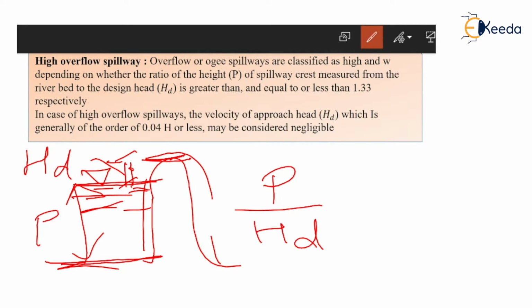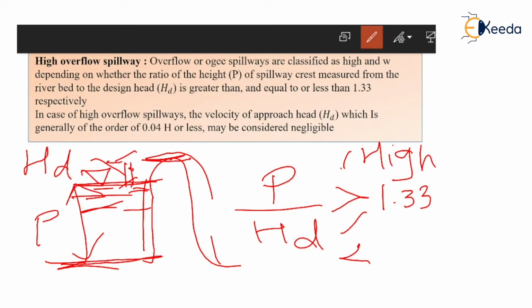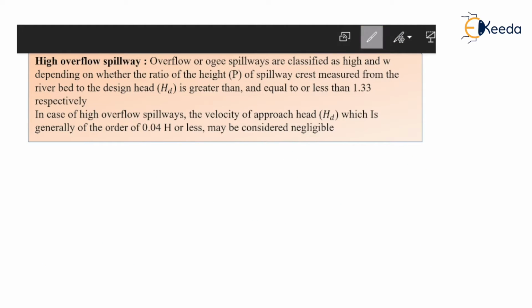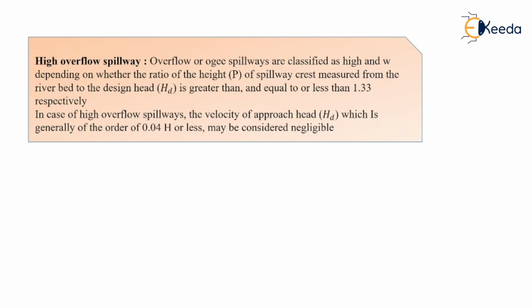So when this ratio P by HD is greater than or equal to 1.33, then it is said to be a high overflow. And when it is less than 1.33, then it is said to be a low overflow spillway. So based on this condition, we divide the overflow section into a high or low section.